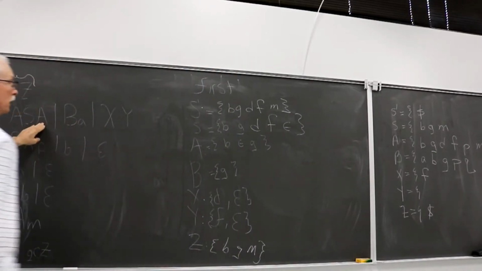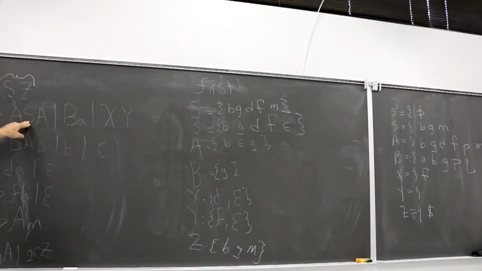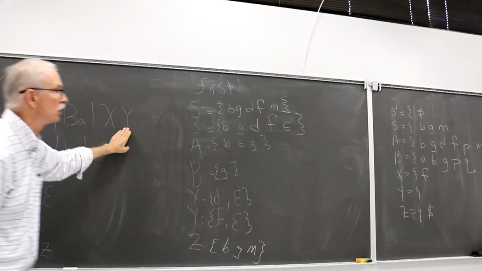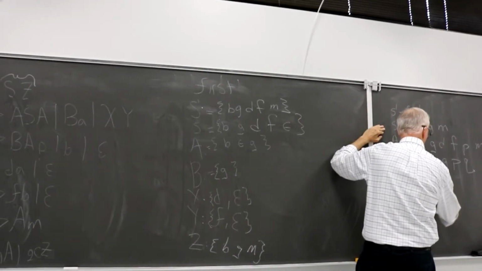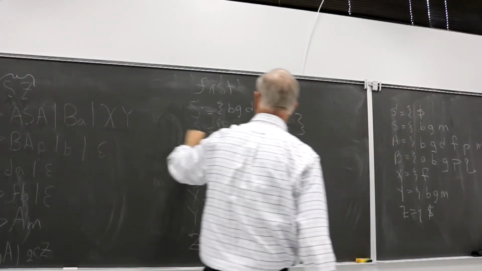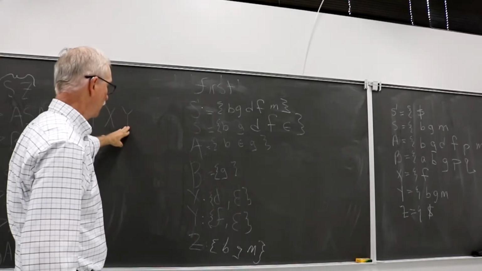Can A go away? Yes, it can. The follow of S is in the follow of S. Whoop-de-doo. The follow of S is in the follow of Y. Can Y go away? Yes.